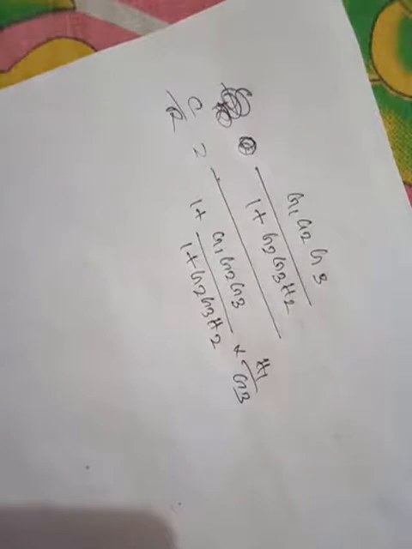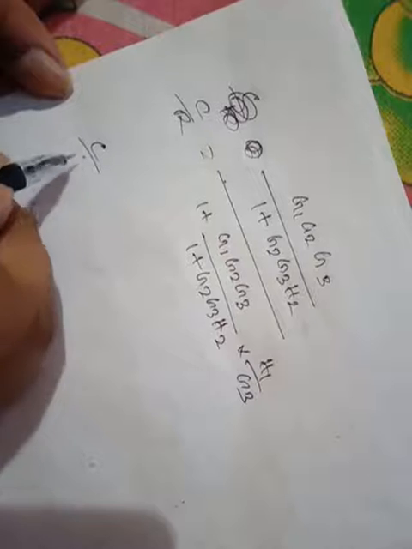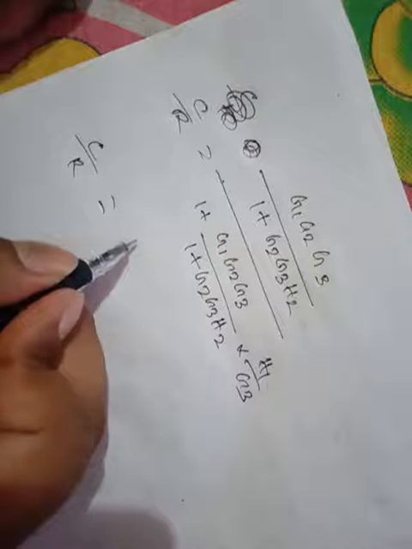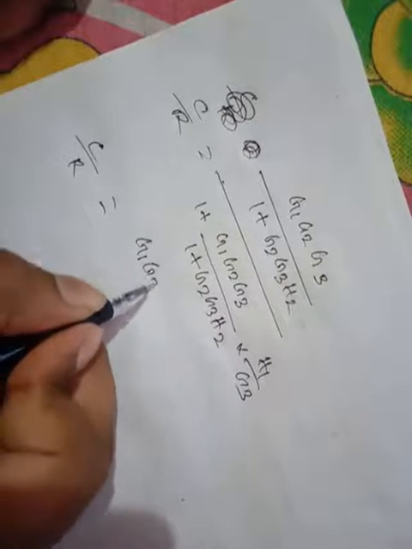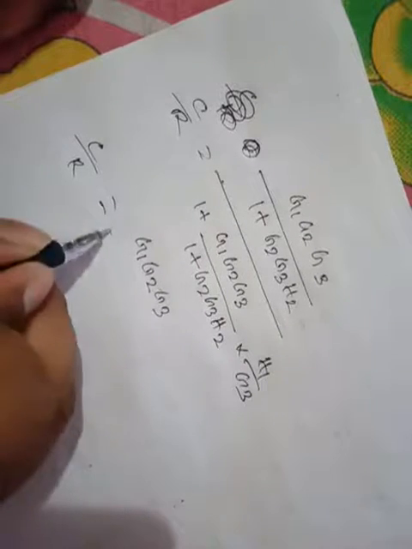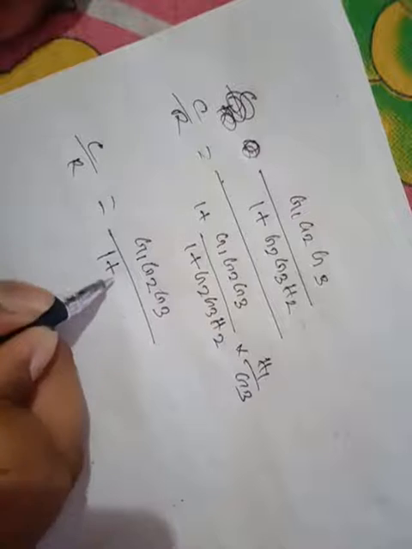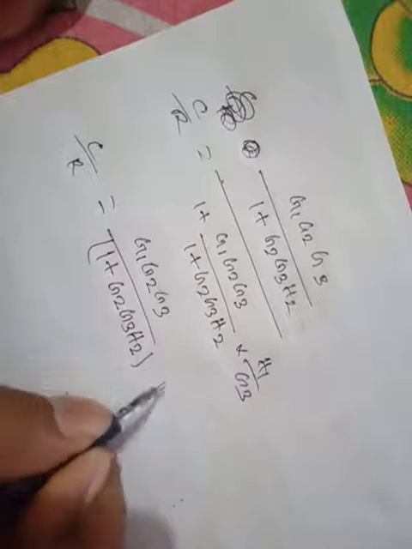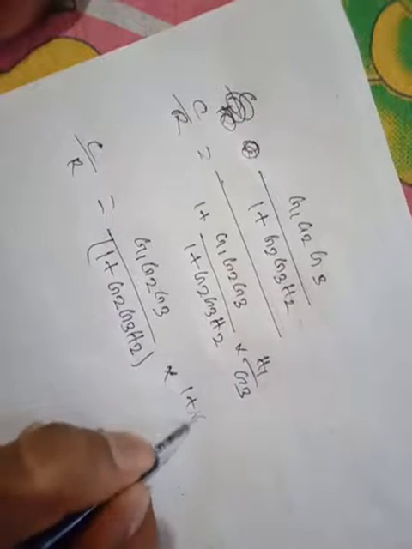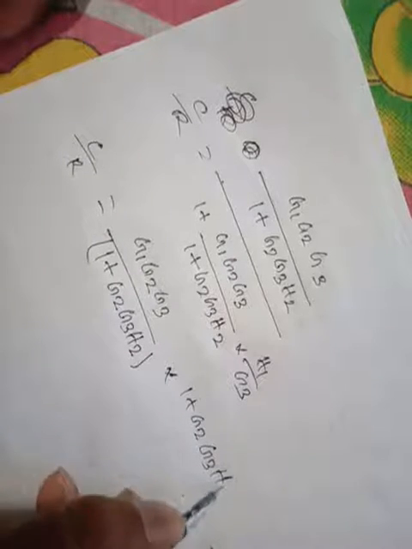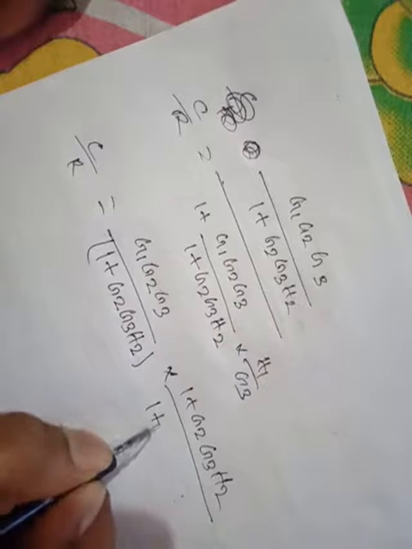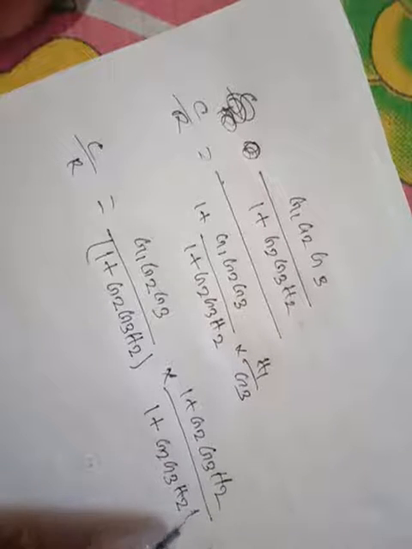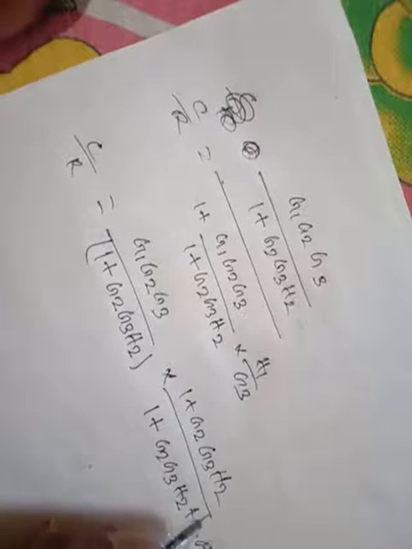Or the next step, C by R equals G1, G2, G3 divided by 1 plus G2, G3, H2, into 1 plus G2, G3, H2, divided by 1 plus G2, G3, H2 plus G1, G2, H1.